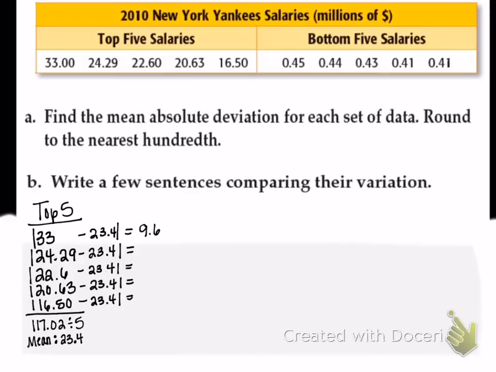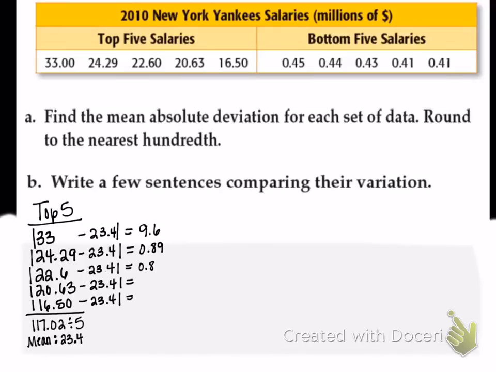When we do 24.29 minus 23.4, we come up with positive 0.89, so we keep it as positive 0.89. When we do 22.6 minus 23.4, we come up with negative 0.8, but because we are taking the absolute value, our answer would be positive 0.8.